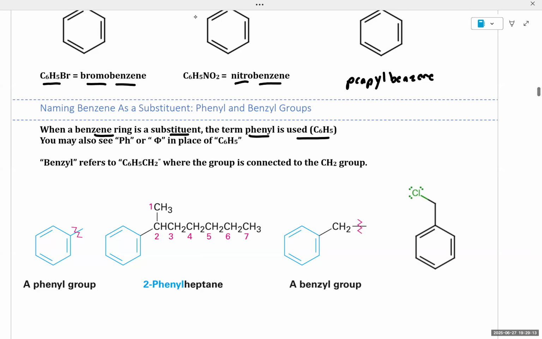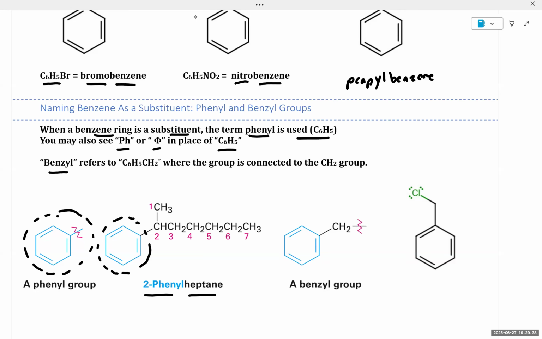You may also see the notations of Ph or the following symbol in place of C6H5. So for example, this group is known as a phenyl group, and when named as a substituent, it's called a phenyl group. So for example, this group at the 2 position would be named as 2-phenylheptane.